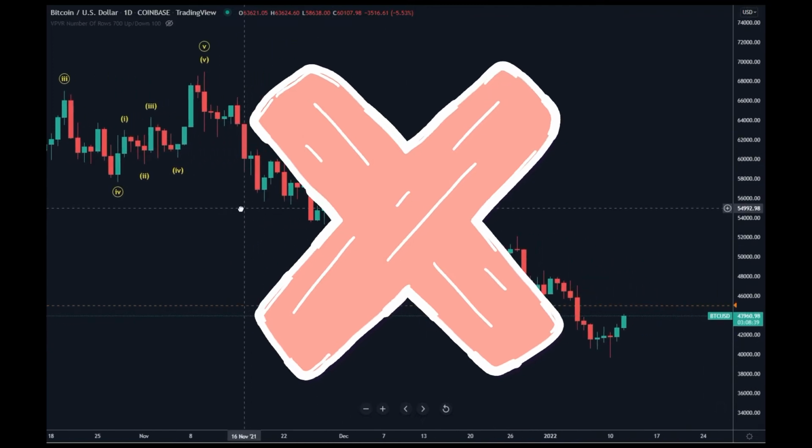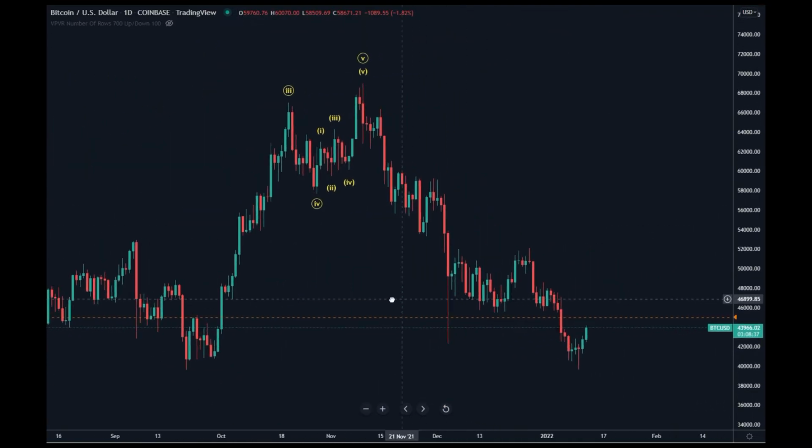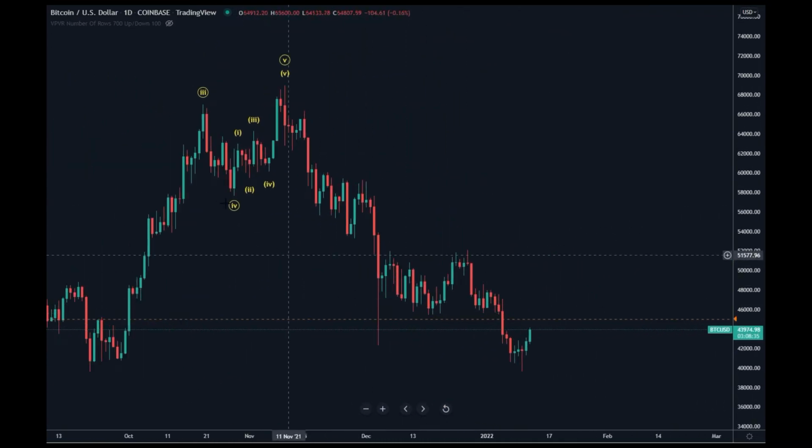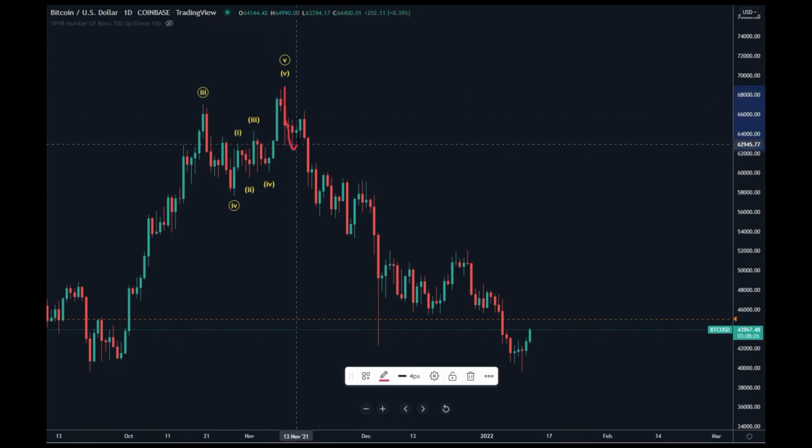Regardless, let's go over some current price action here, just to show some possibilities of what's going on. There's people out there essentially saying that this here is a 1, 2, 3, 4, 5 into a 1. Now, I don't buy it, but there are people saying that.